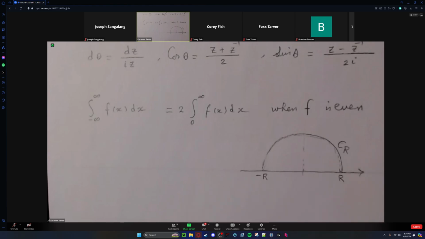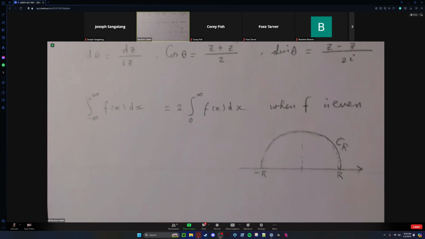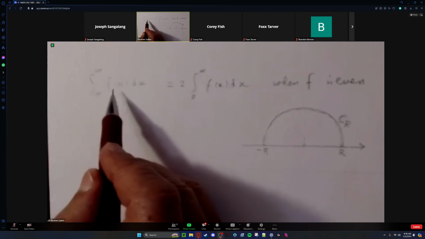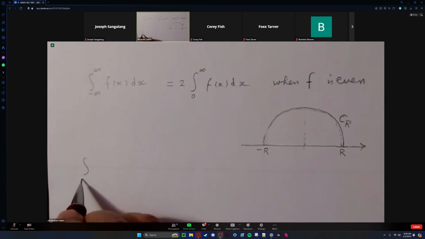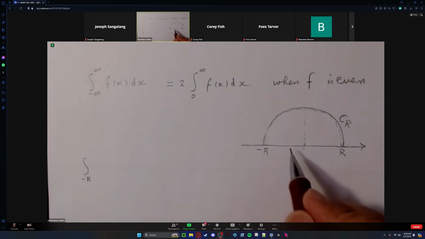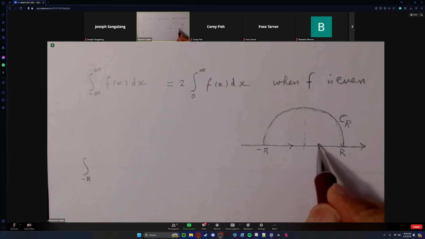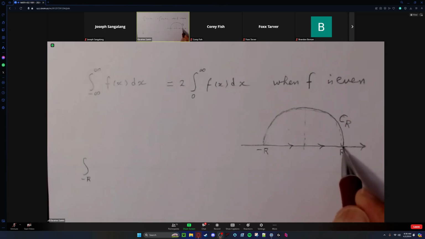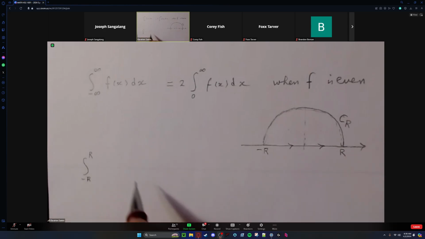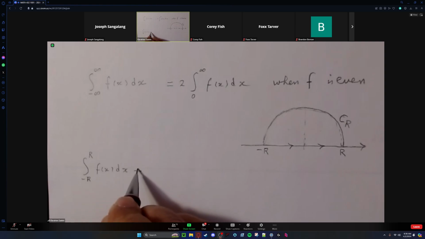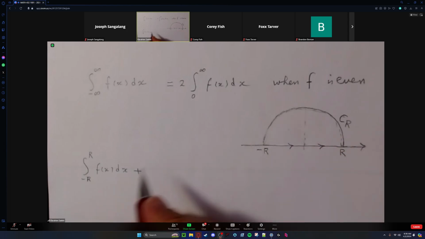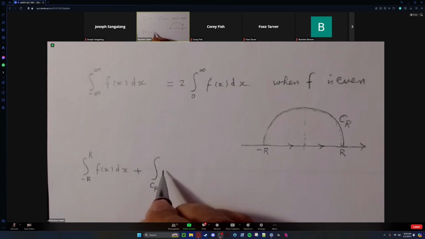So here is what happens. Instead of f of x, we go with f of z and say, look, going counterclockwise, negative R to R, the integral of f of z dz in this case will be the integral of f of x dx, plus the integral over the semicircle, the integral over CR, f of z dz.